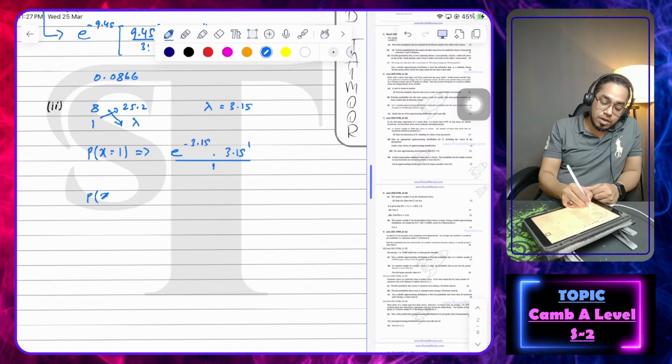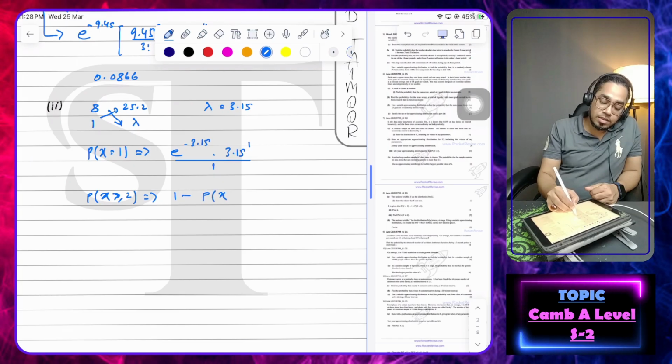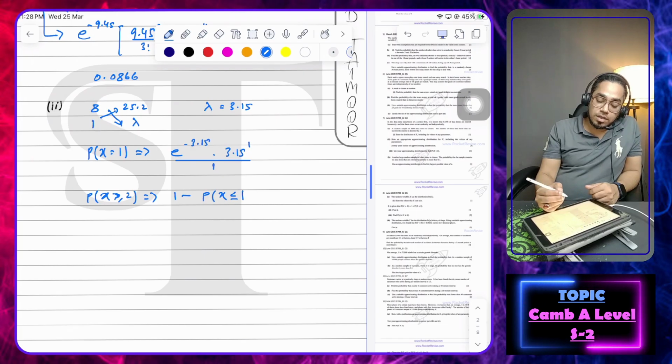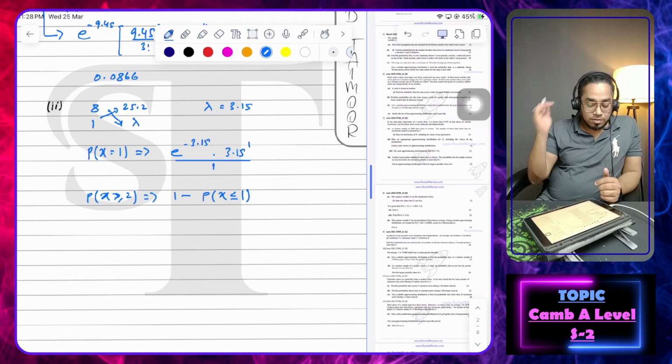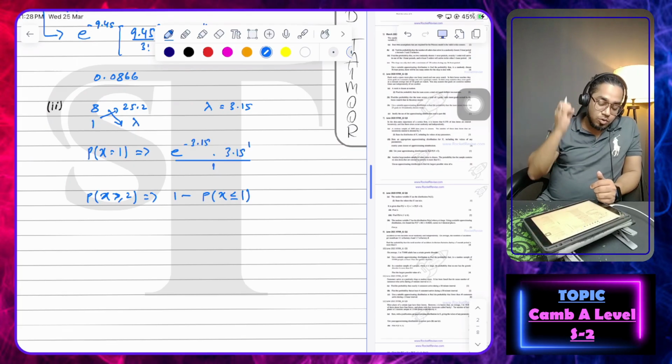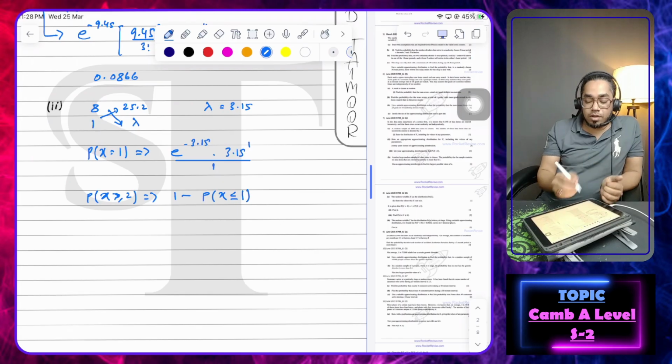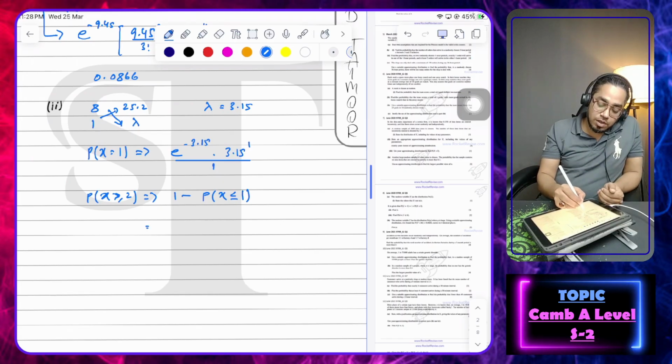Another case is x is at least 2, so x greater than or equal to 2. It must be 1 minus the probability of x less than or equal to 1, that is x less than 2.